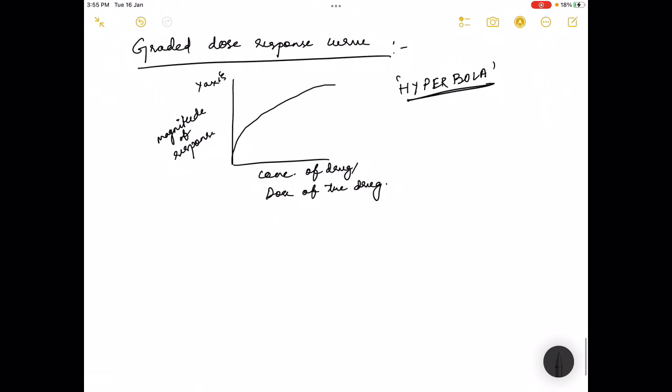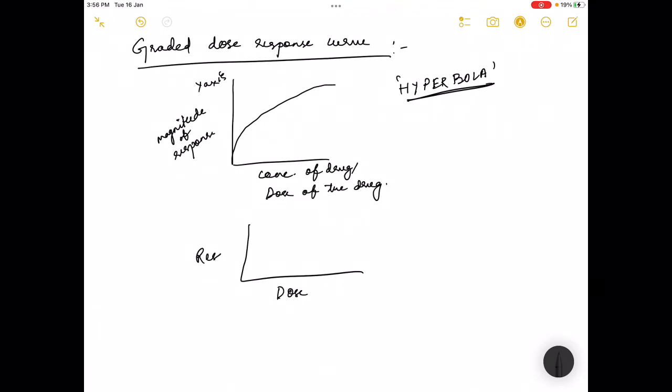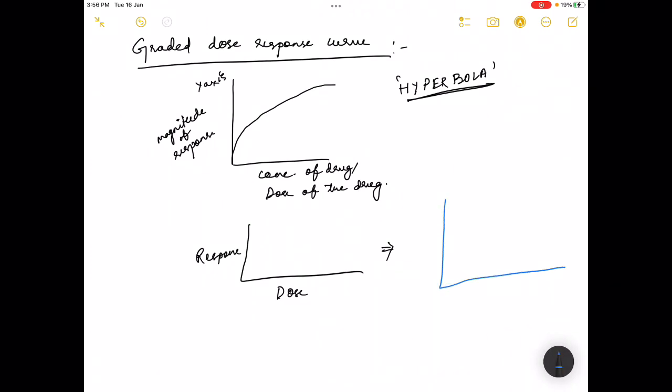But the curved lines of the hyperbola cannot give good mathematical comparisons. So usually this dose response curve is converted into something which is called as log dose response curve.